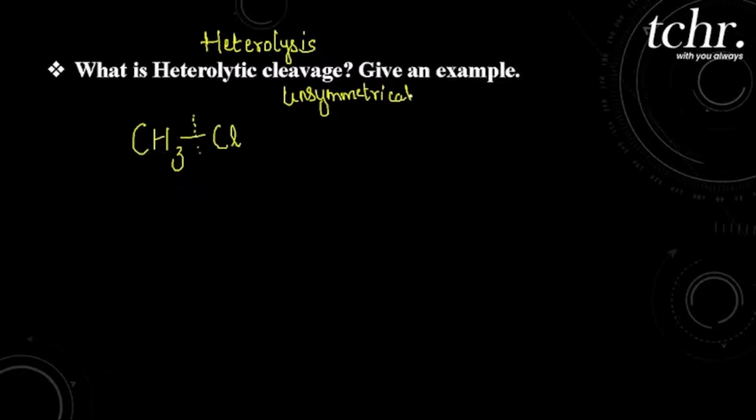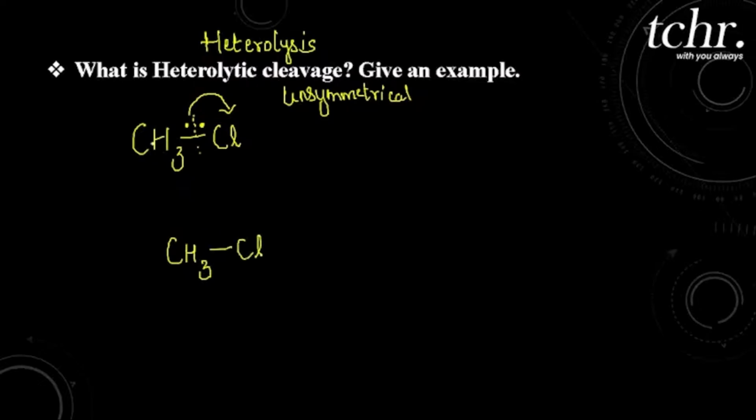So what happens when unsymmetrical cleavage takes place? Both the electrons in the covalent bond will go towards one fragment, depending on which is more electronegative.